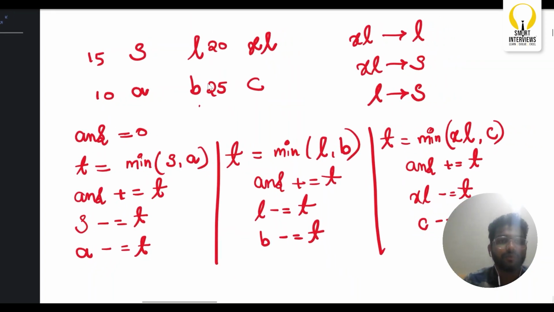Now why am I doing that? Because obviously I can convert XL to L and XL to S, but I cannot convert S to L or S to XL, right? This is not possible, right? So if there are any t-shirts left after being dispersed to C people, if there are any t-shirts left in XL, I can convert them to L or S, right?